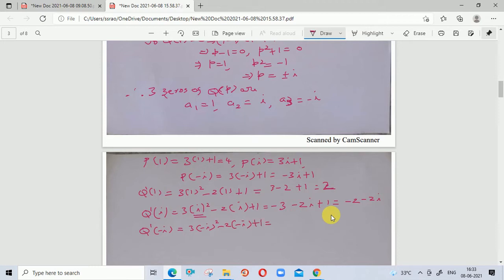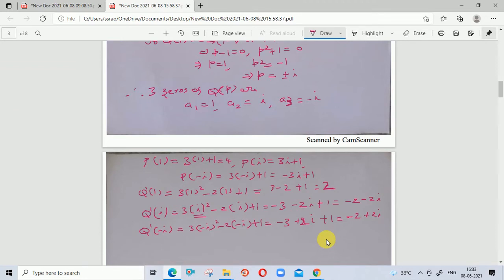So 3 into minus 1 is minus 3, plus 2i, plus 1. That is equal to minus 3 plus 1 is minus 2, plus 2i. Okay, now these are the values of q dash of 1, q dash of i, q dash of minus i.